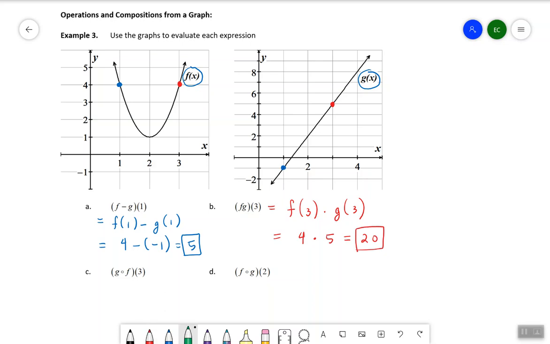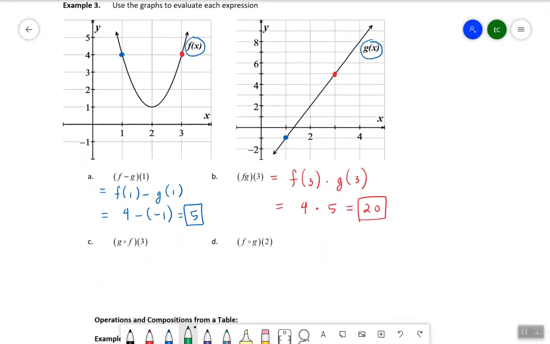Let's try a composition. G circle f of 3 is the same as g of f of 3. And so we need to start by figuring out what is f of 3.